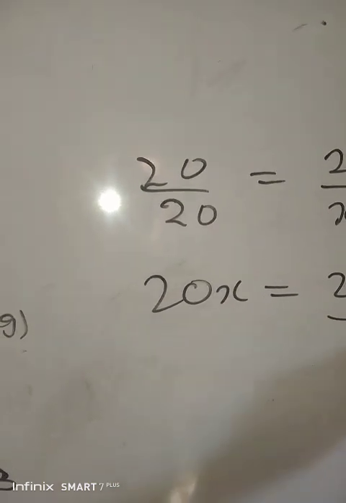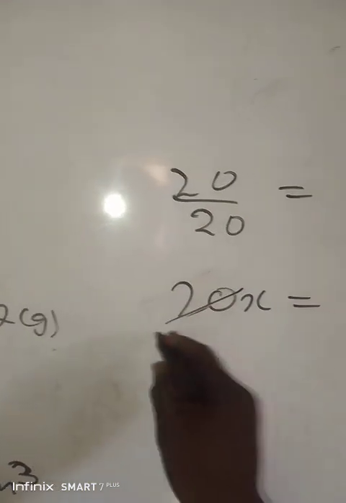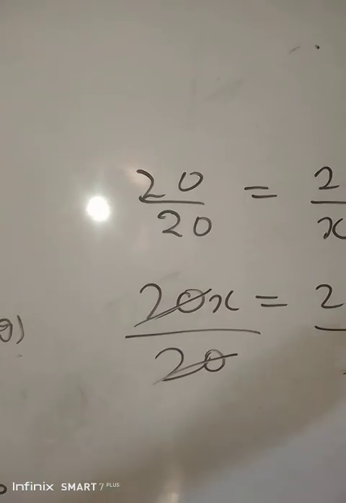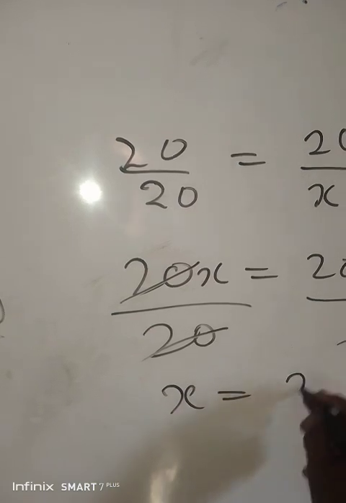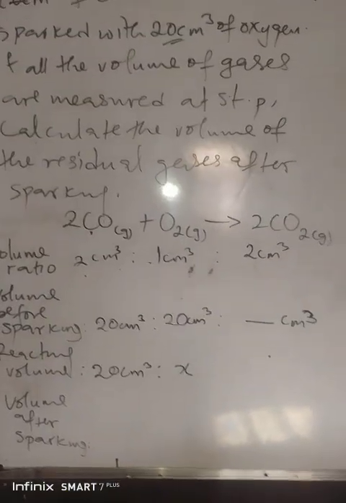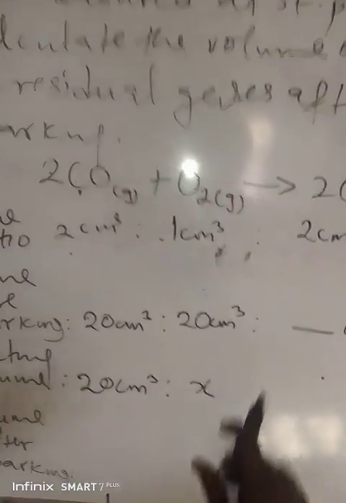Then divide both sides by 20, cancel 20. Now, your x, you are still getting 20, which is not correct. That will not give us x.